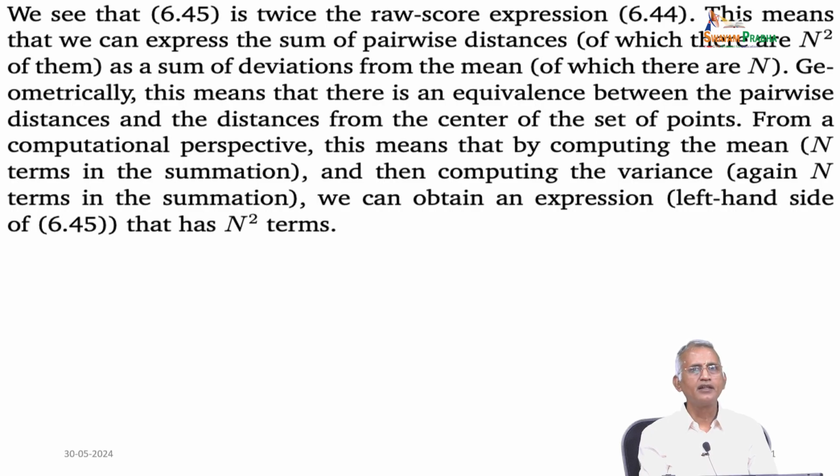Geometrically, this means that there is an equivalence between the pairwise distances and the distances from the center of the set of points. From a computational perspective, by computing the mean and computing the variance, we obtain the expression of the left-hand side, which has N square terms. So, this is the meaning of variance. Thank you.